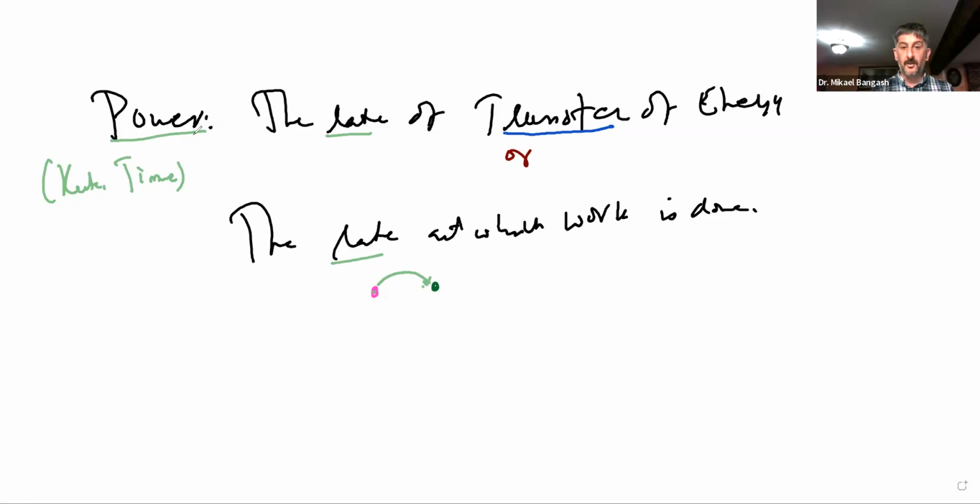Or we can also say how much energy is going to be transferred from this particle over to this particle. Both of that can account for power. Did that make sense? So either how fast is it that the energy is transferred, or how much energy is transferred from particle to particle?